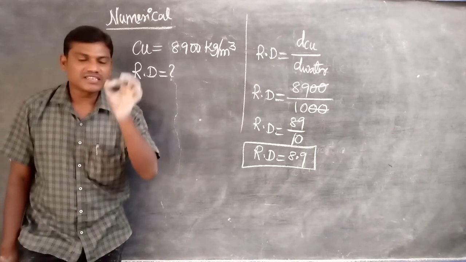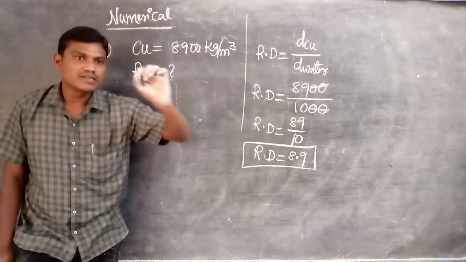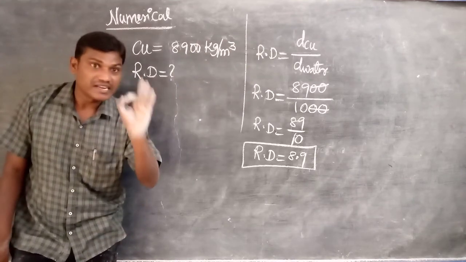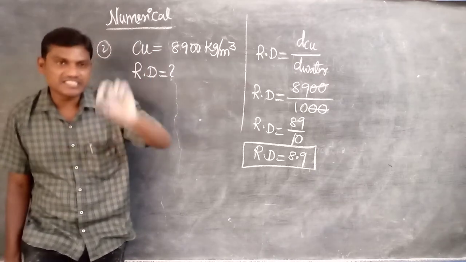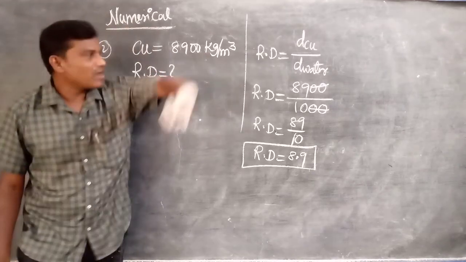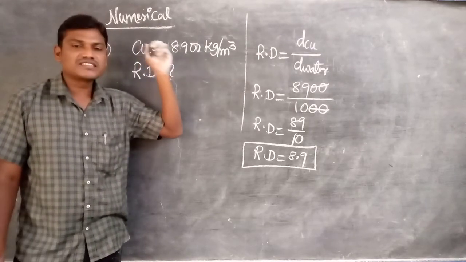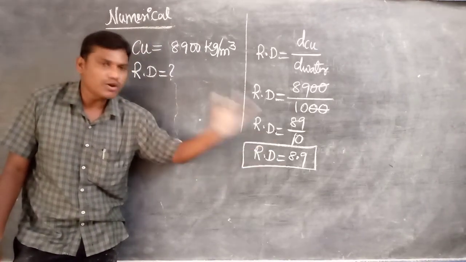What is the density of the substance in CGS unit? The value is the same as the relative density of the same substance. What is the density of copper in CGS unit? 8.9. Then relative density is also 8.9.